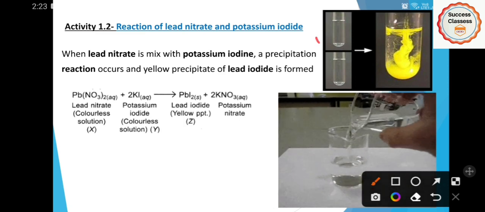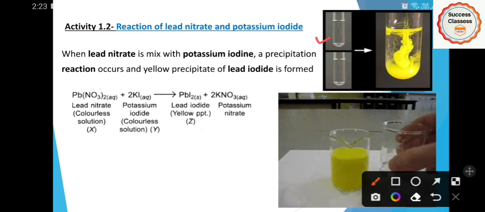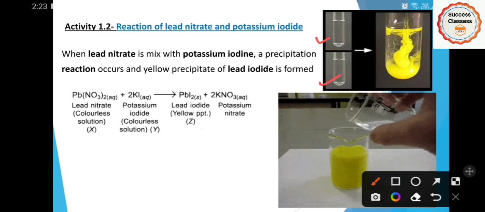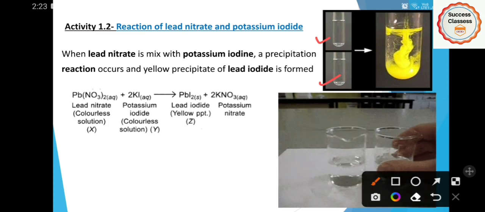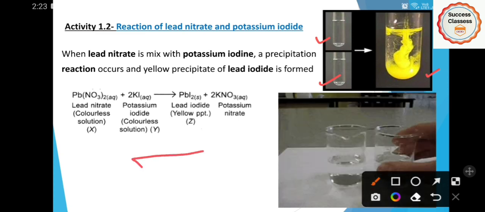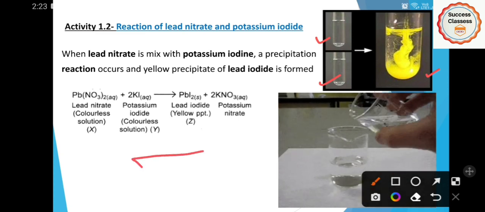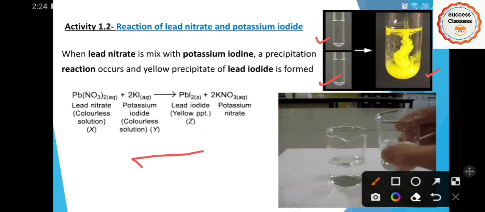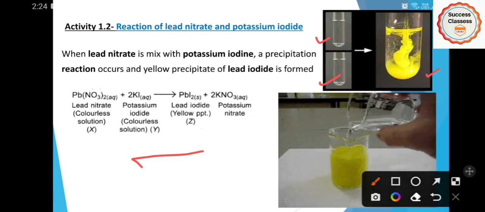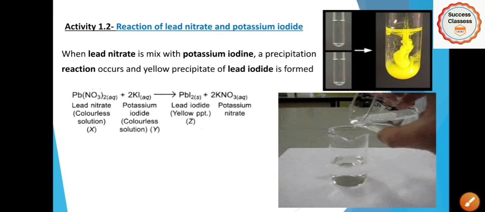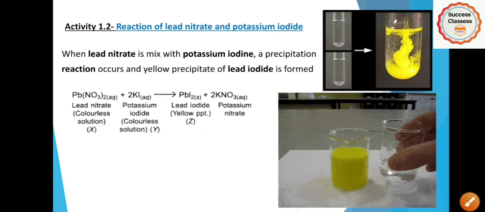Here you can see that the lead nitrate and potassium iodide are both colorless, but when they are mixed together, they form a yellow precipitate of lead iodide. So here is the reaction: Pb(NO3)2 plus 2KI gives PbI2 plus 2KNO3. You can easily see this in the given video.